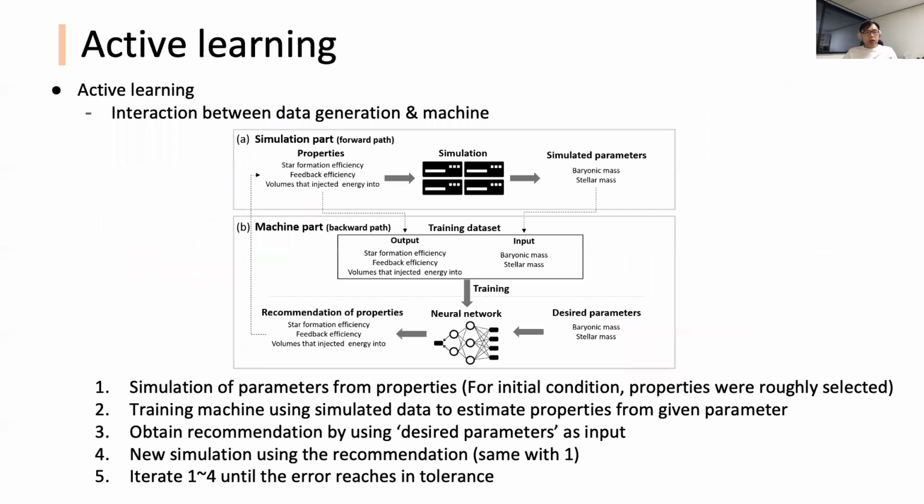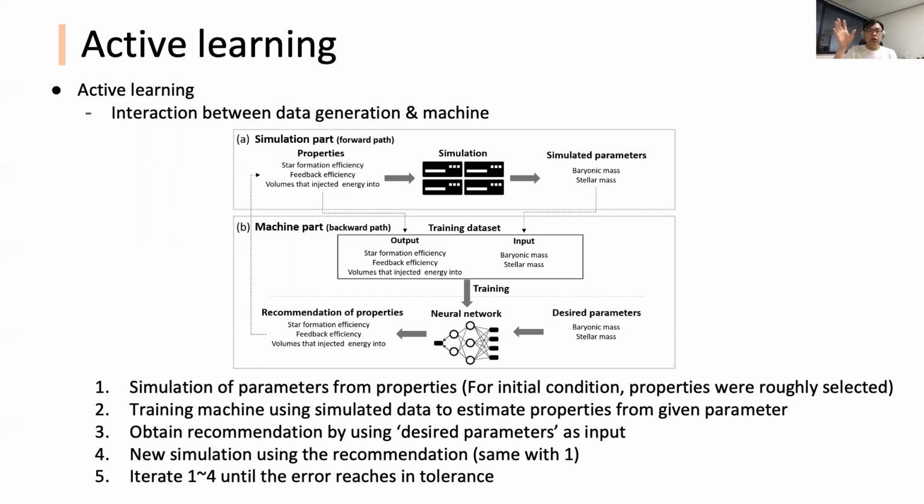We are using a technique known as active learning, where there's interaction between data generation and the machine. Essentially, we feed the machine with a set of data, consisting of the parameters and the output. The machine digests this and we tell it to give us a set of parameters that will give a certain output.